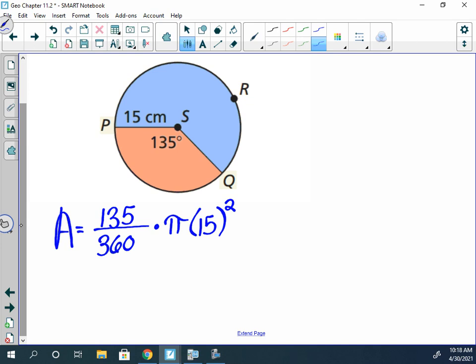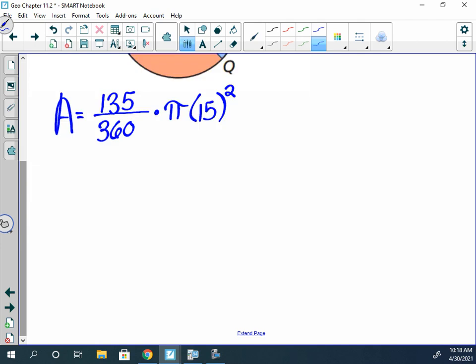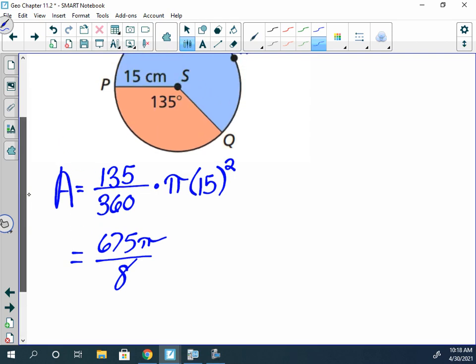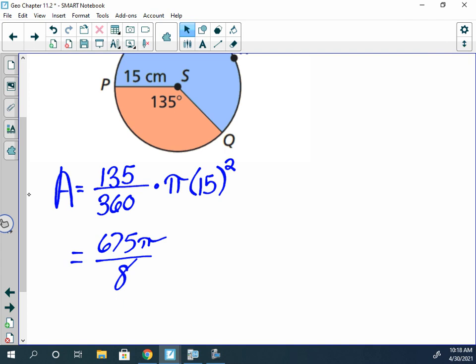Well, at this point here, we can do what? 675 pi over 8. And that's the area of our section in red. That's all I have to do to find the area of this sector.